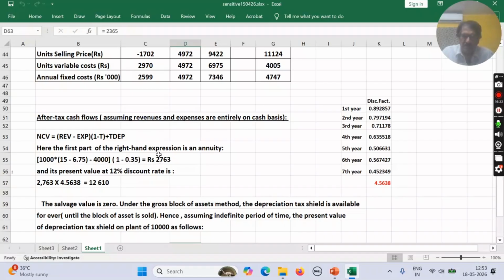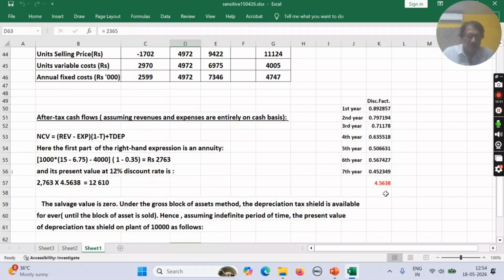This is the revenue year after year up to 7 years. Every year we will receive 2763 in cash inflows, and its present value, with 12% as the discount rate.